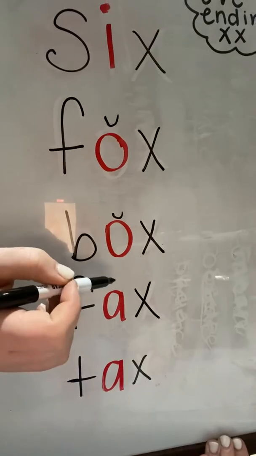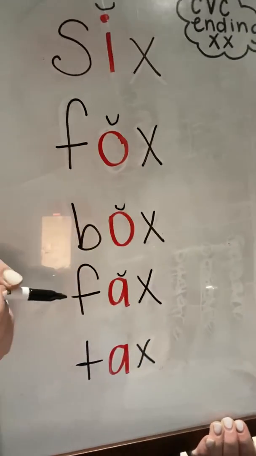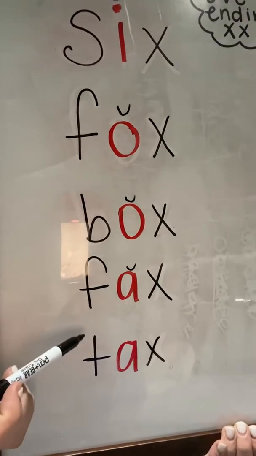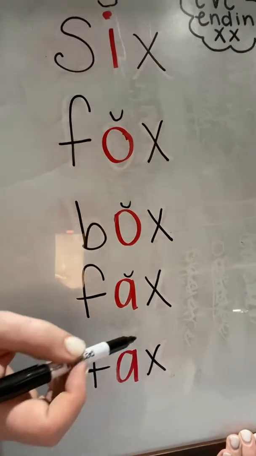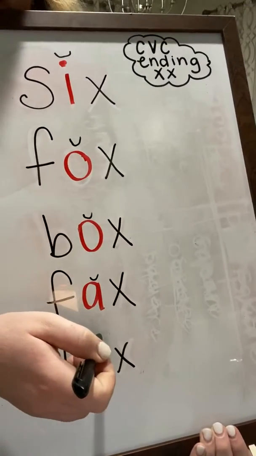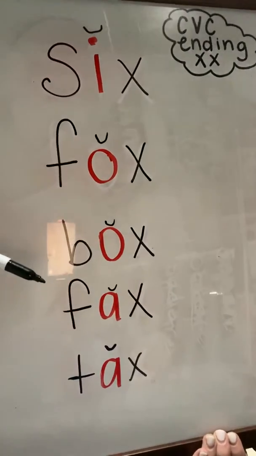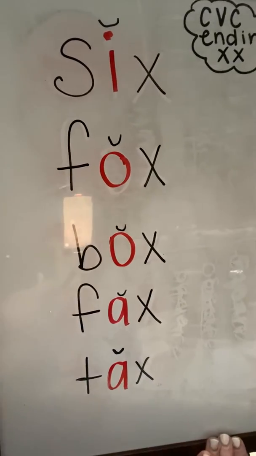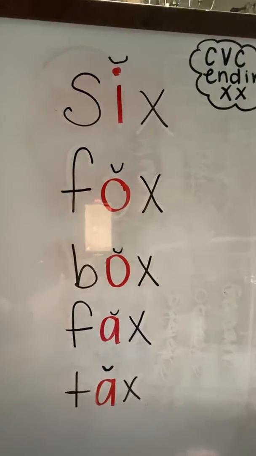And then I put my breve on top of my letter A. And then the very last one that I have is tax. And that is what we pay that your parents don't like to pay and I don't like to pay out of our paychecks. Tax. All right, and this is what we call CVC words ending in the letter X sound.